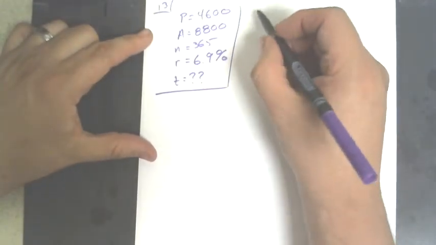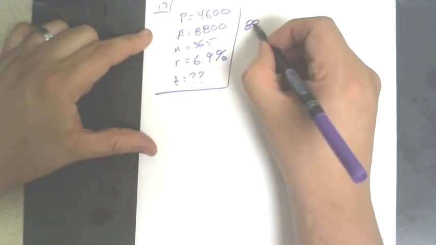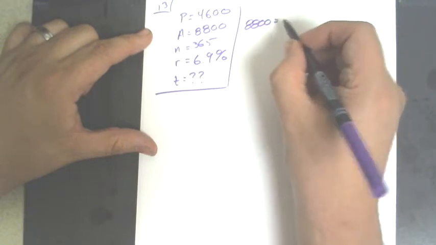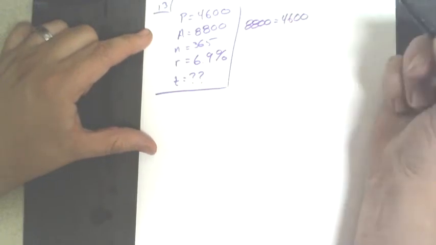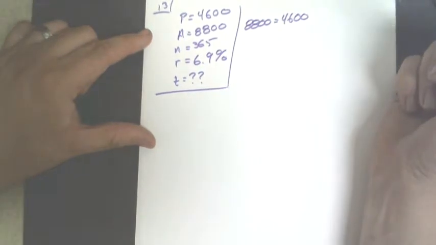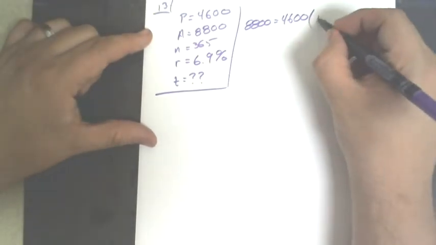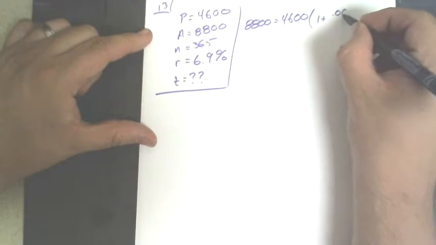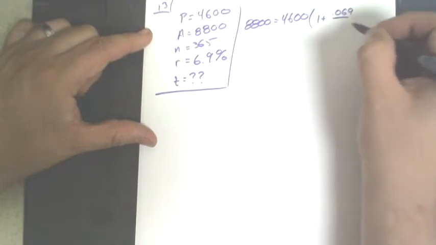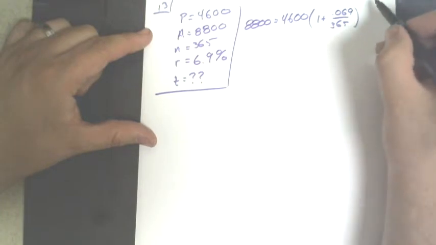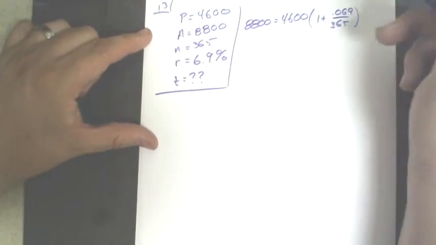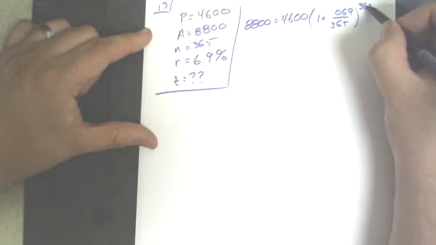So set up the relationship. 8,800 is the ending amount we want with a principal of 4,600. So 1 plus 0.069, make sure to always use that in decimal form, over 365, raised to the power 365t.